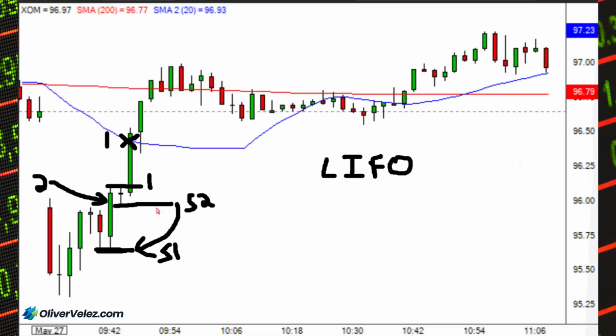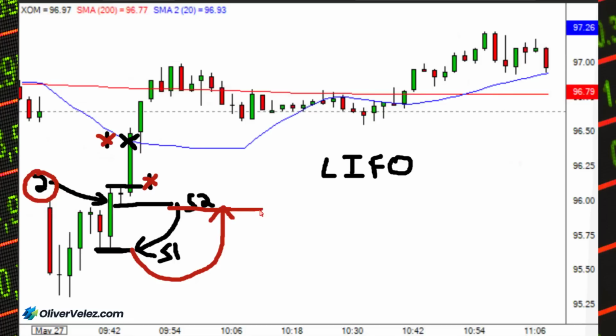What was the last in? This one. So you are taking profits, you're taking the last add off. You are maintaining the original 2. So if you have to go to break even, your break even is on the initial entry, not the add. Do you understand this?